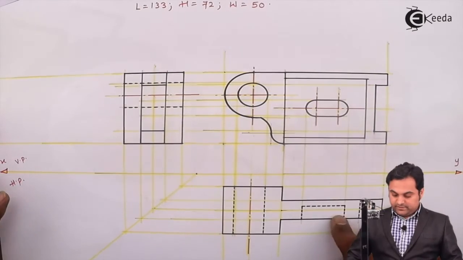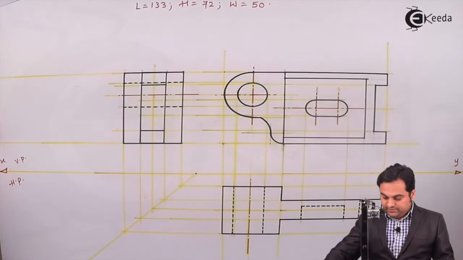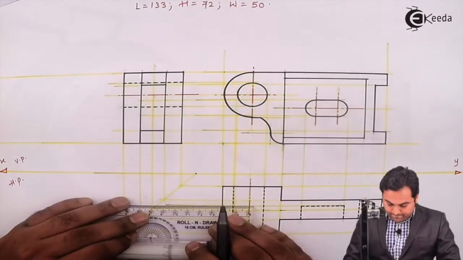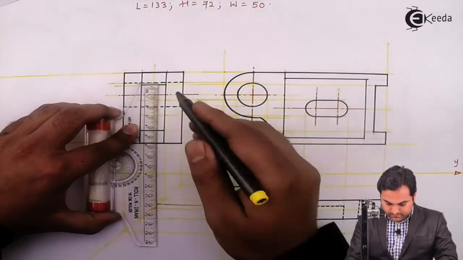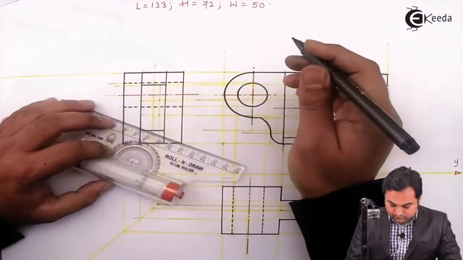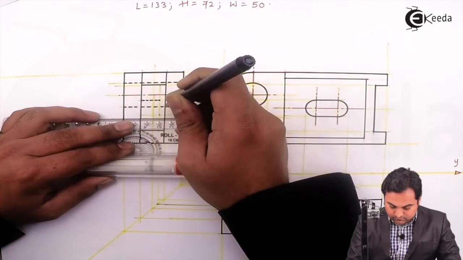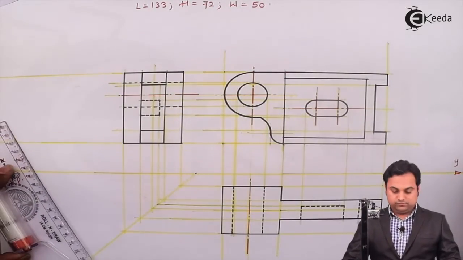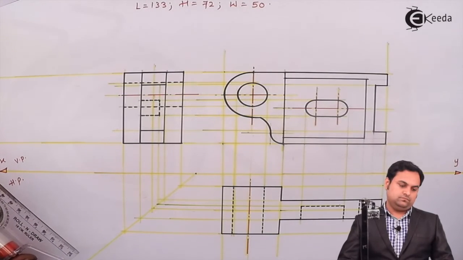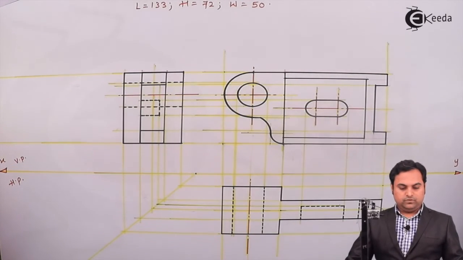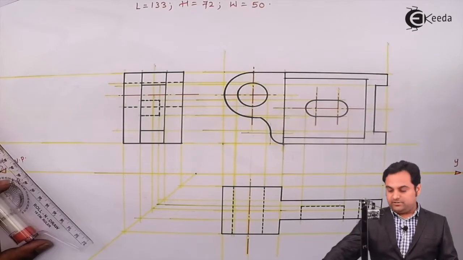This groove is there inside this block, and here the width of the groove, I'll project it from the top view. So here I can say that the side view has also been completed.